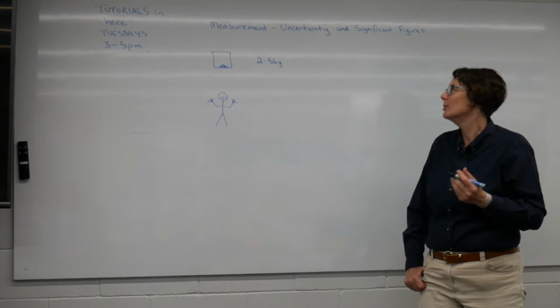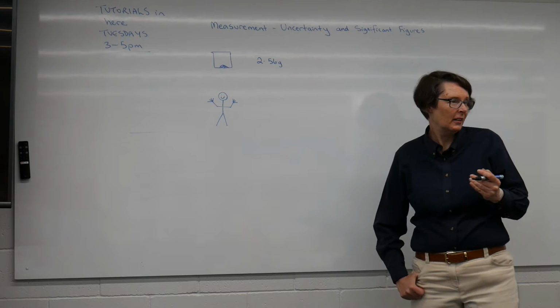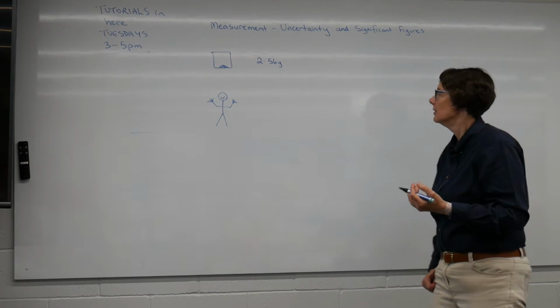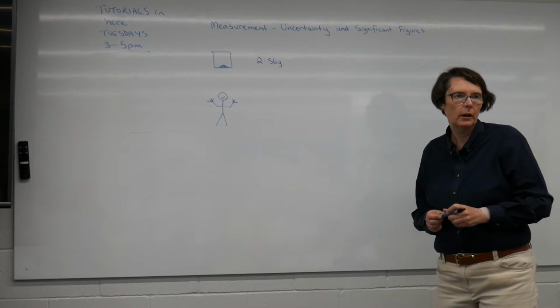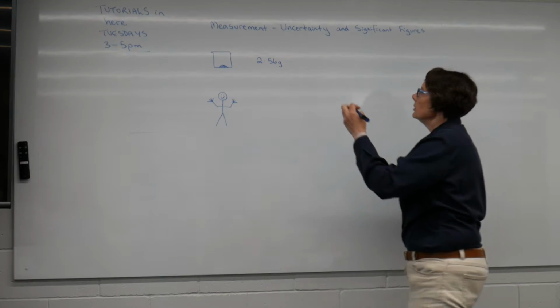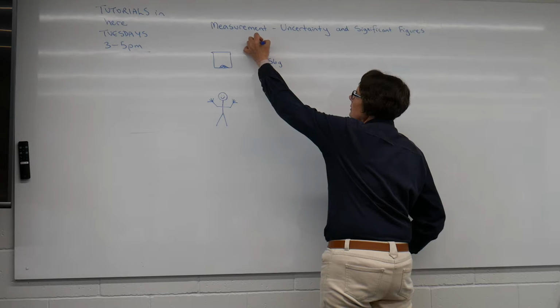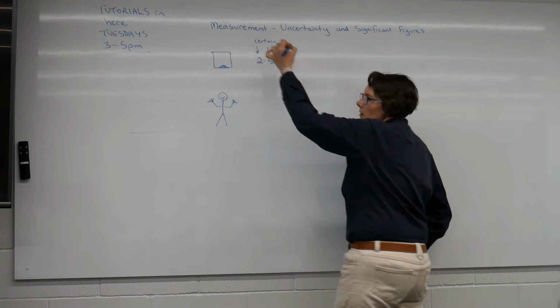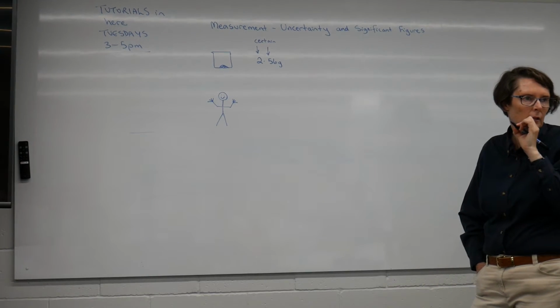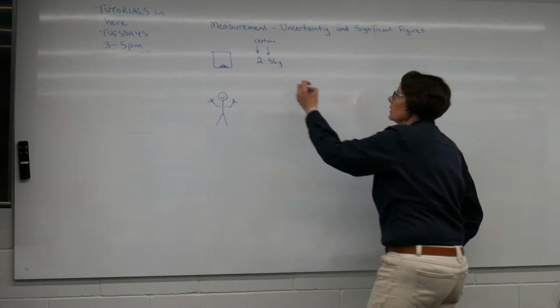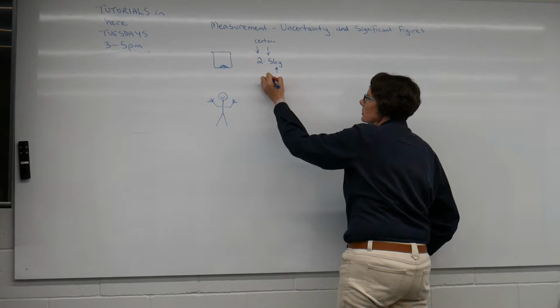We don't have exactly, necessarily, 2.56 grams. What I know is I have certainty, like these are certain. Those two numbers there are certain. But this one here is uncertain, the last one.